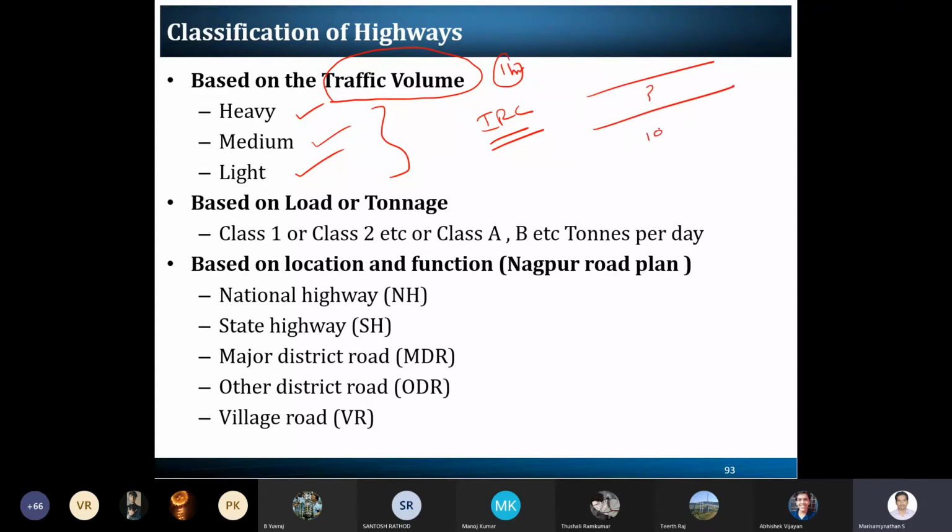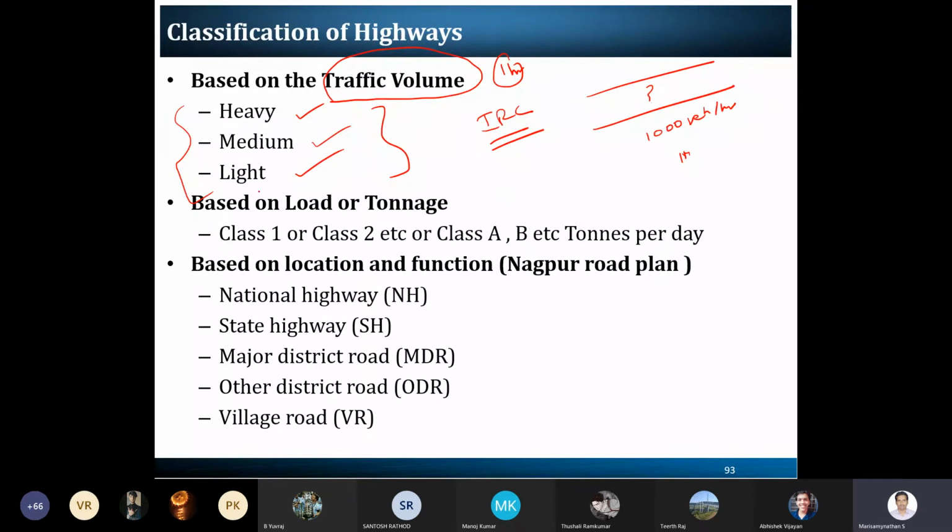If it is going above 1000 vehicles per hour, then it is considered medium or high traffic. Likewise we have the classifications, and we have defined the threshold values. According to where it falls, we classify it as a heavy traffic road, medium traffic road, or light traffic road.